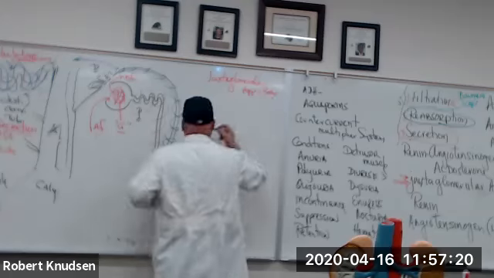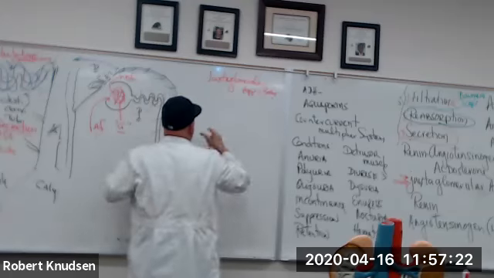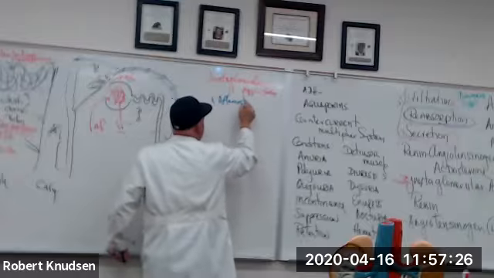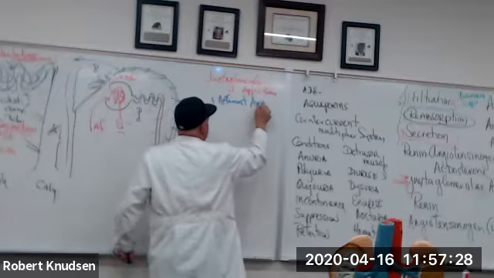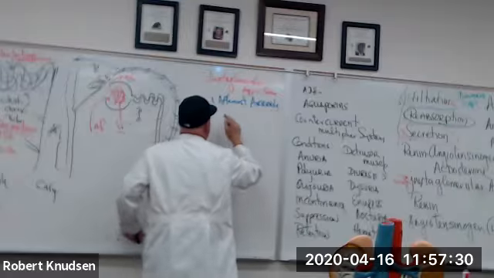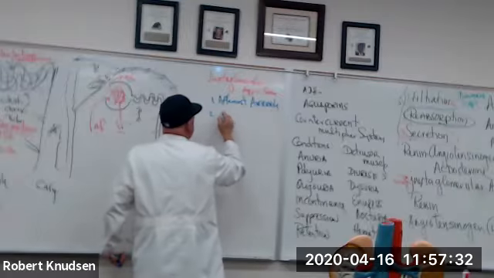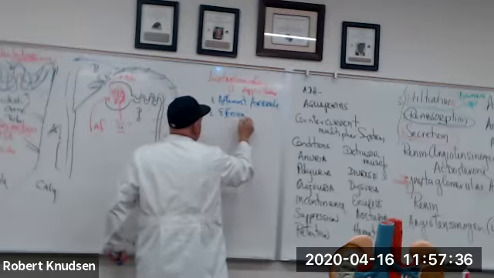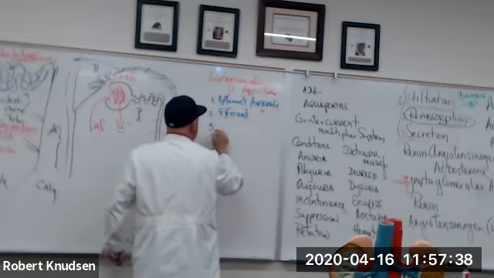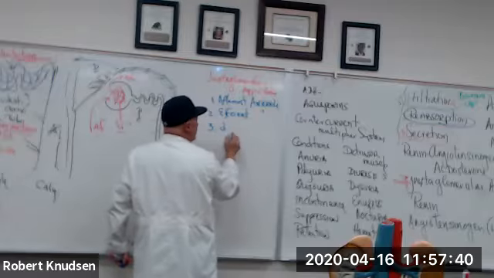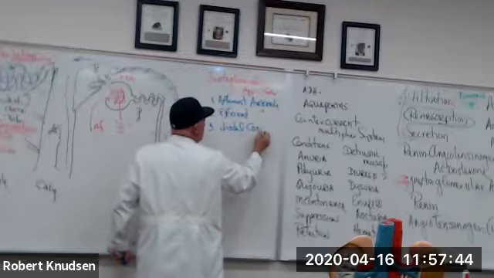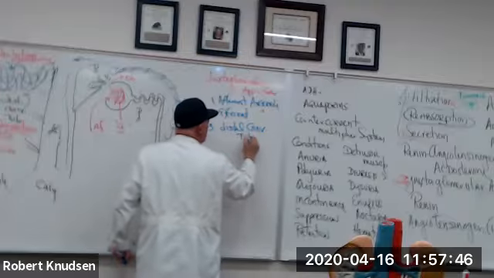They are: one, afferent arteriole; two, efferent arteriole; three, a section of the distal convoluted tubule.